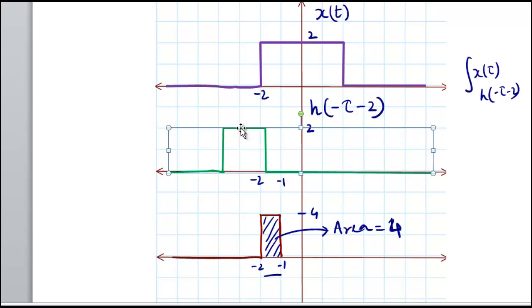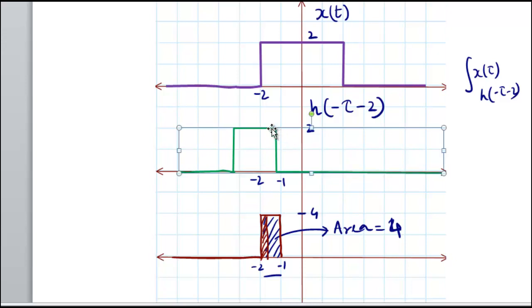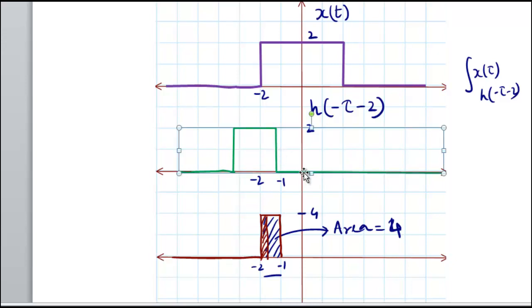When my signal is moving slightly inside at some particular value of t, the pulse will be only this much wide, so I have to find out the area of this much. And slowly as this signal is moving inside, the area will slowly increase, and that is what people have to take care of.